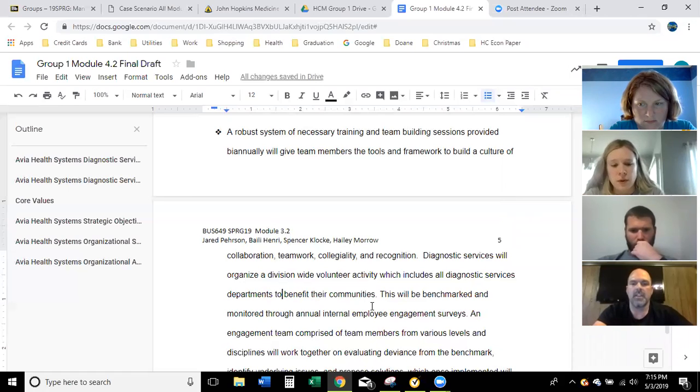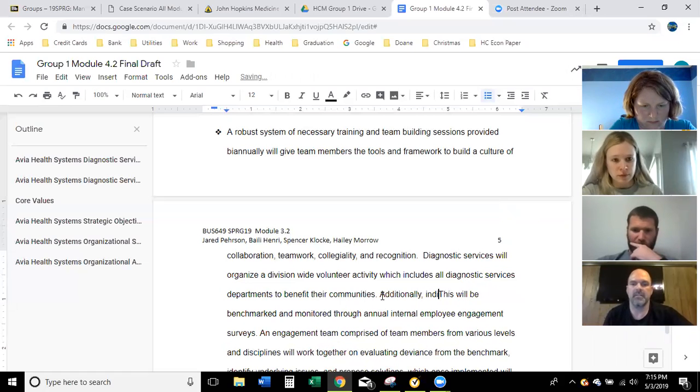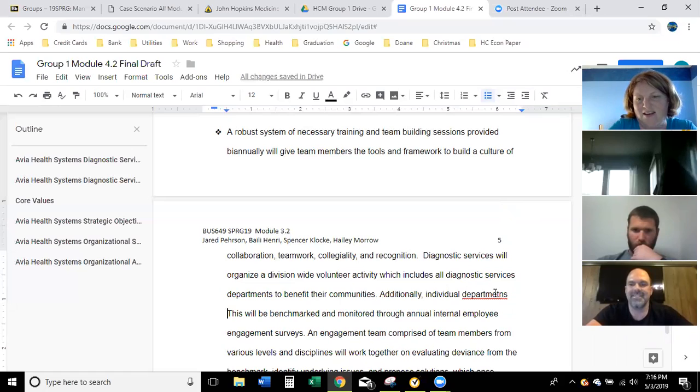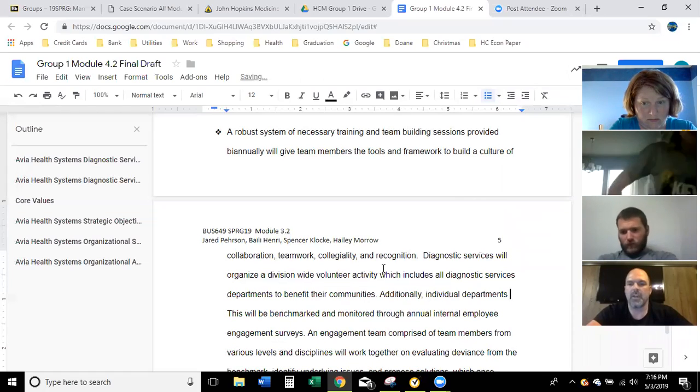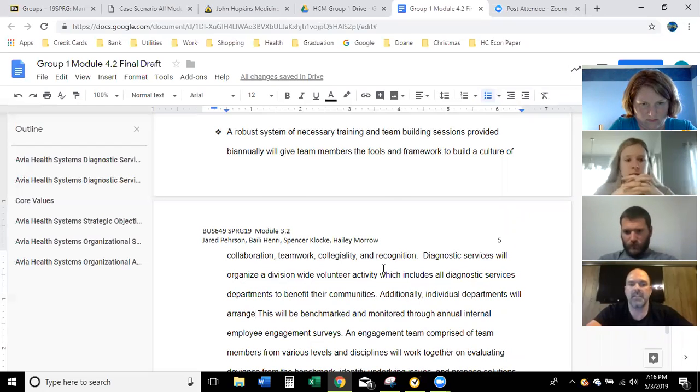And I think that sentence reads pretty good. And then after that sentence, you could put "Additionally, individual departments will arrange for their own regular volunteer team building activities." Okay, individual departments, say that again, will arrange their own team building volunteer activities.